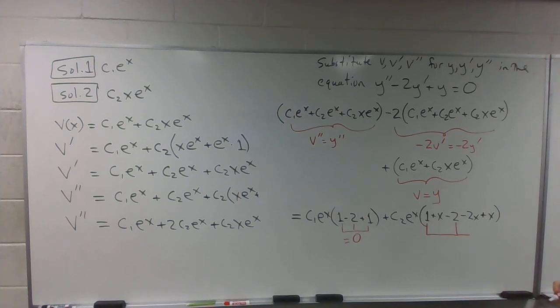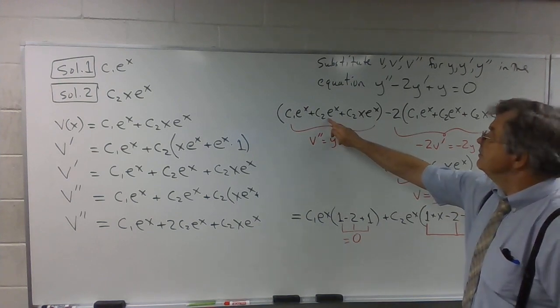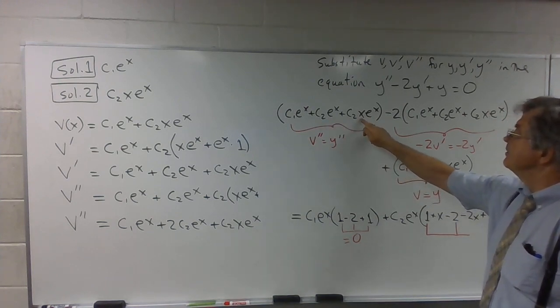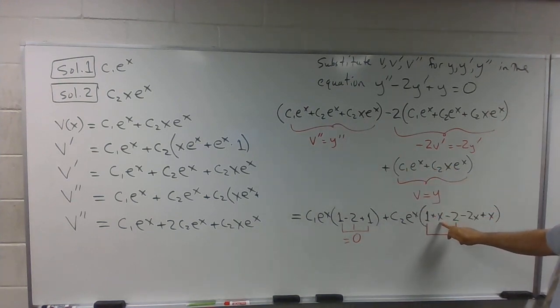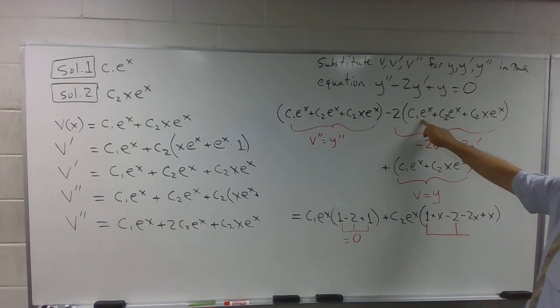Oh, did I shoot myself in the foot here? Let me see. I have 1 c2 e to the x plus x c2 e to the x minus 2 c1 e to the x.